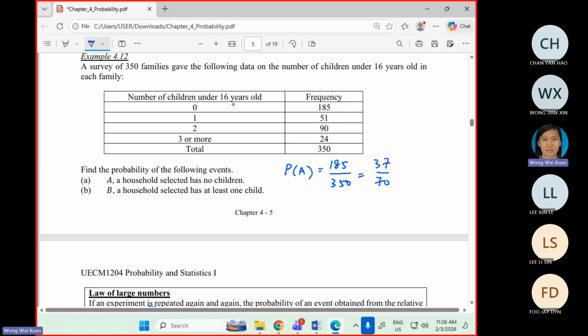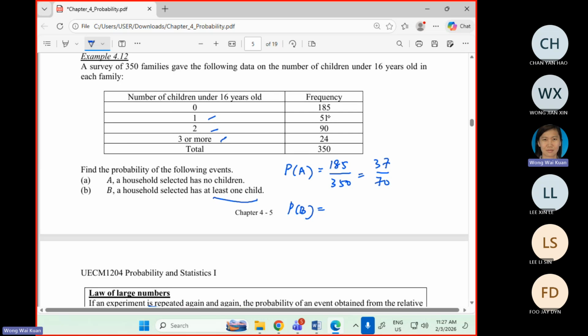Okay. Now, event B: a household selected has at least 1 child. What is the probability for B? At least 1 includes what? 1, 2, 3 or more.